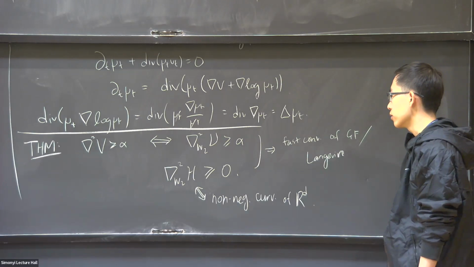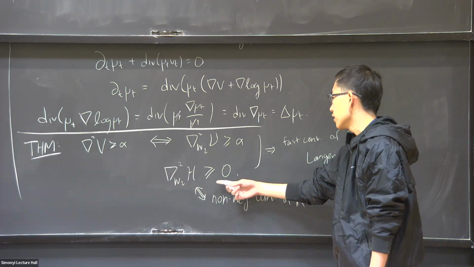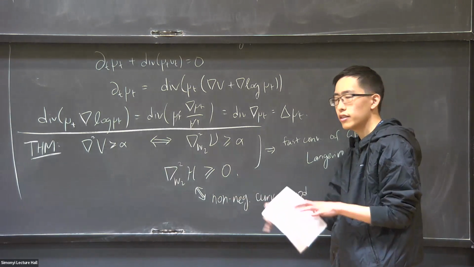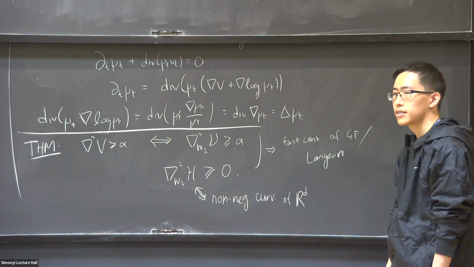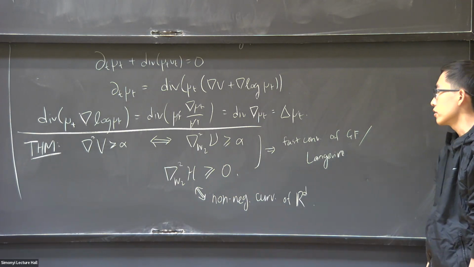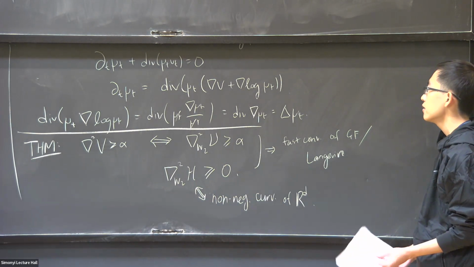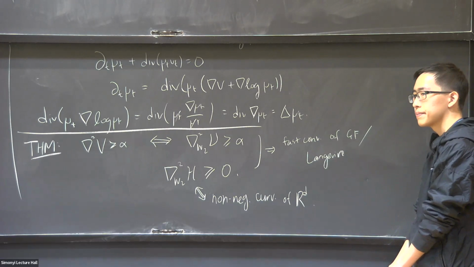And what you'll find is that in that setting, this term is really related to the Ricci curvature of your manifold. If the Ricci curvature of your manifold is positive, then the entropy becomes strongly convex on that manifold. So this tells you that this optimal transport perspective captures the geometric information about your space.